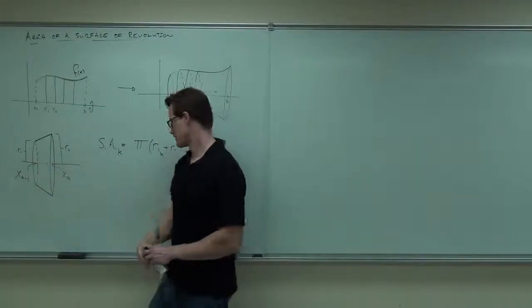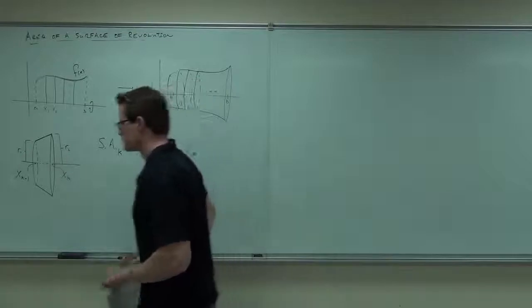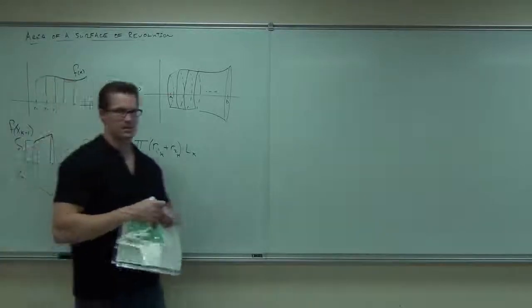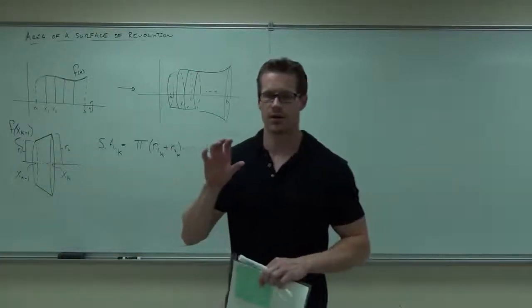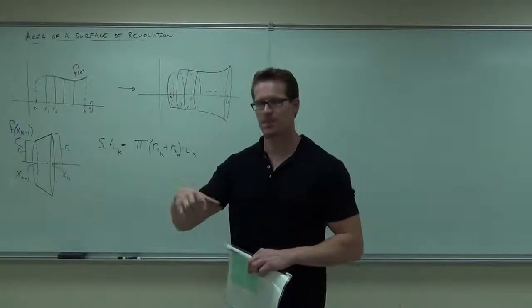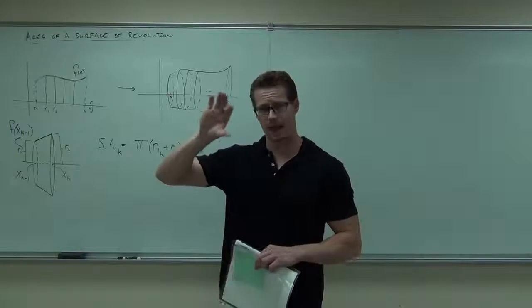What that means is that my radius is actually f of x sub k minus 1. You plug in x sub k minus 1 into f, you get the height at that point.